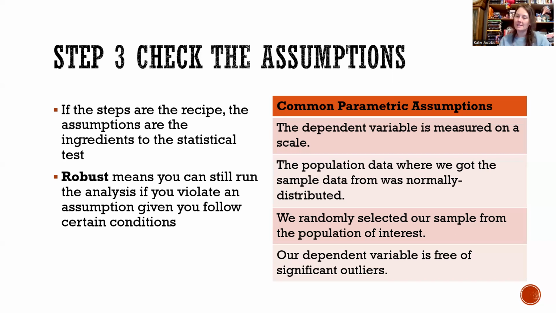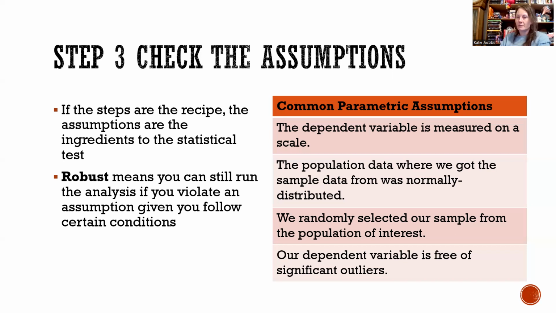There are other analyses called non-parametric analyses that I won't be teaching you, but you could take an entire class on non-parametrics, that if your DV is on an ordinal level of measurement, you might be able to use those types of analyses instead. Another common parametric assumption that we have is that the population where we got the sample from was normally distributed.